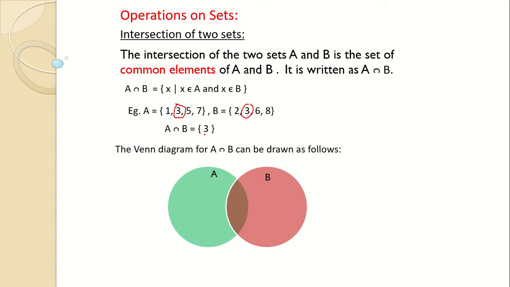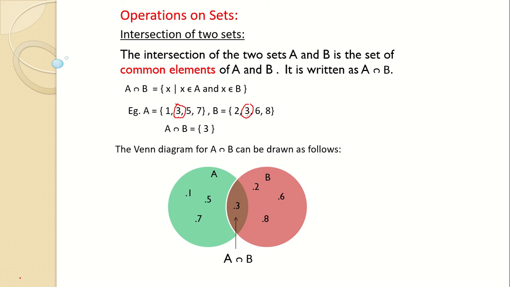So now 3 is common. 3 I should write in the intersection part, and the remaining elements of A in set A, and the elements of B, 2, 6, 8, in set B. So basically you must understand intersection is the common area to both set A and set B.